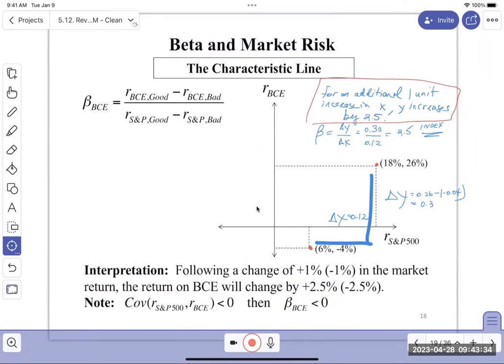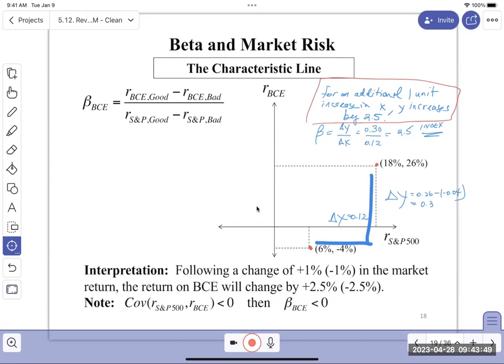However, we could also look at that in the negative. A negative 1%, so a loss of 1% in market return, results in a BCE change of negative 2.5% return.